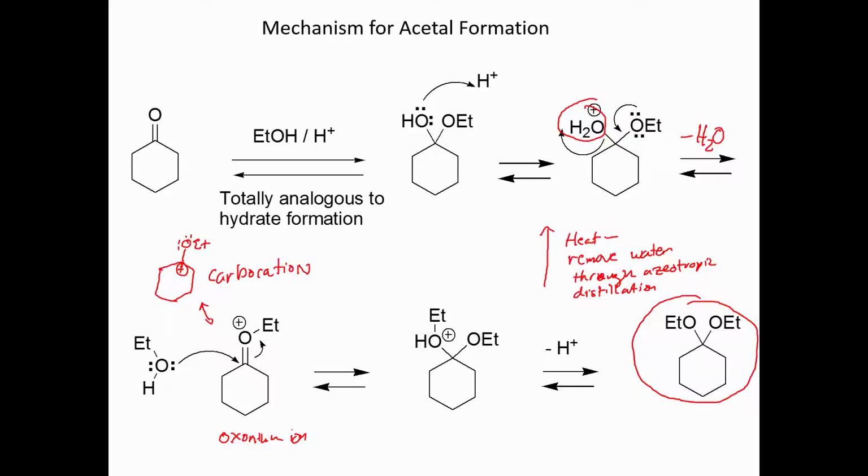So if you run this reaction in benzene, which is not the most environmentally friendly solvent, water and benzene form a low boiling azeotrope, and you can usually get rid of the water because it's lower boiling, and you can take it out of the system as it forms.